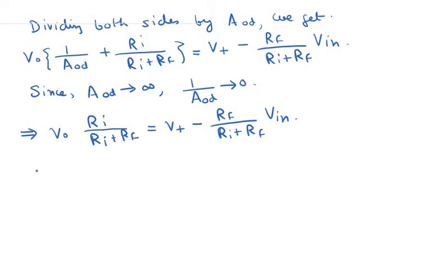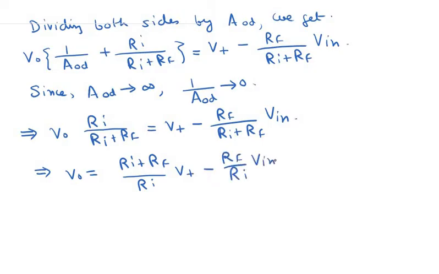Okay, so therefore V0 is equal to Ri plus Rf divided by Ri, V plus minus Rf divided by Ri, V in. Okay, so this is the equation that we have got. Now we see that this is basically the output voltage, and the output voltage is dependent on V plus and V in here. Let us call it equation number 3 here.